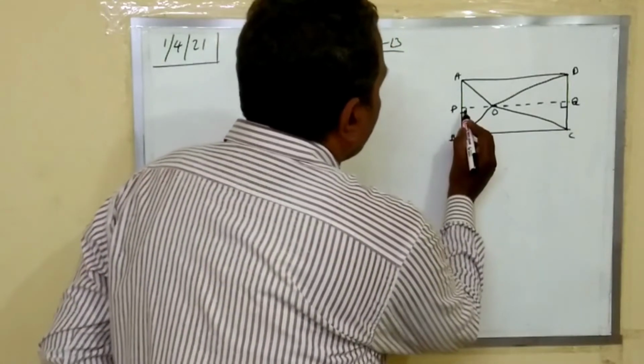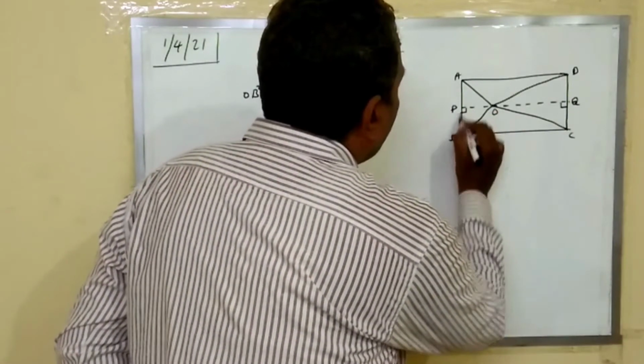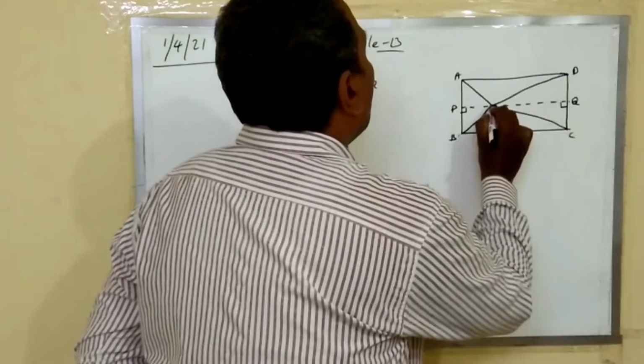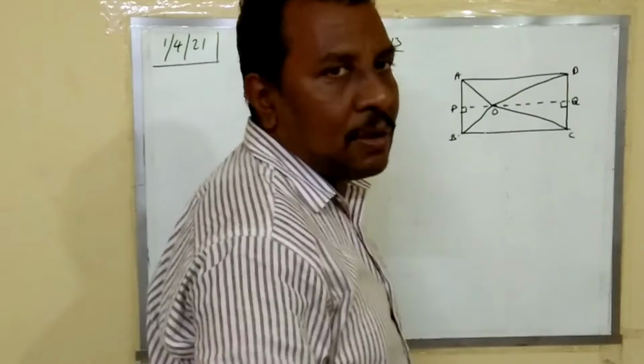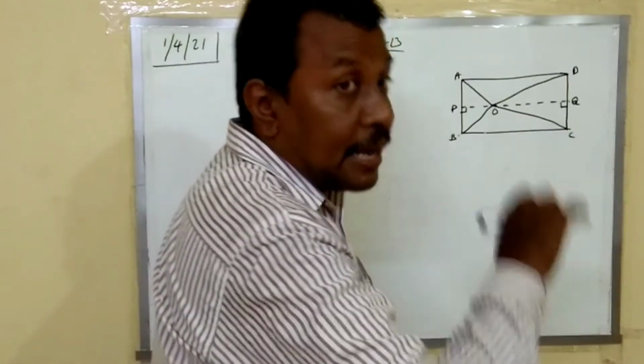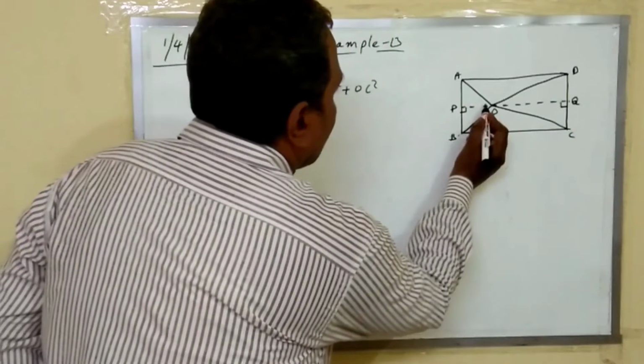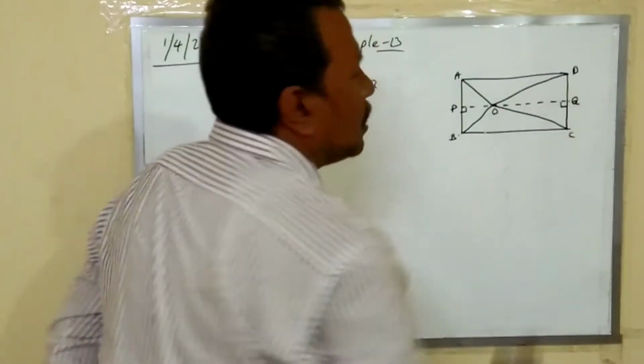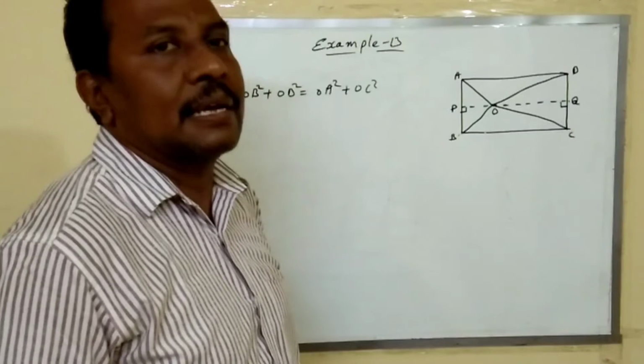So here AOPB, OQC, OQD and OPA, all these are nothing but right angle triangles. This triangle, this triangle, this triangle and this triangle are all right angle triangles.